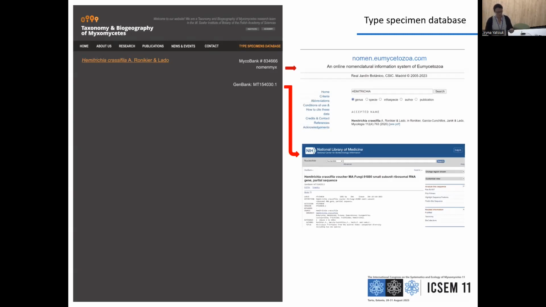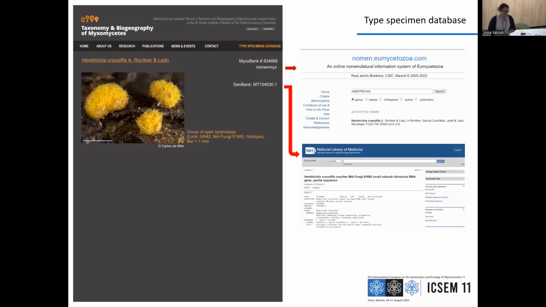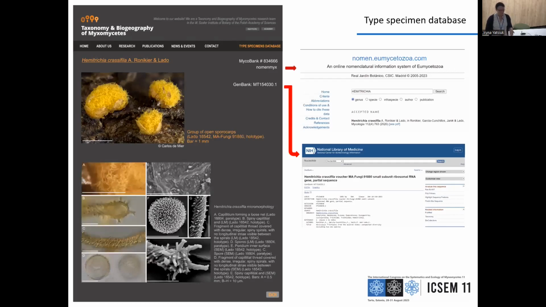The link will be directly to the sequence of the holotype, because sometimes, as you can probably see in GenBank, you can have the name Lamproderma sp., and you don't know what it is, and it can be the holotype specimen of a described species. And also, we would like to illustrate this type specimen with macro morphology and microscopic characters, and to give the link to the publication in which the given specimen was examined.